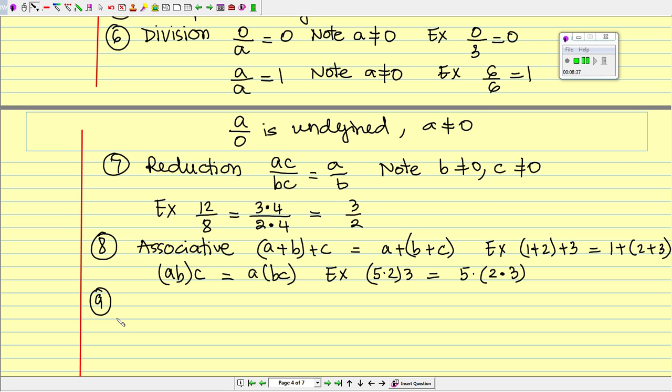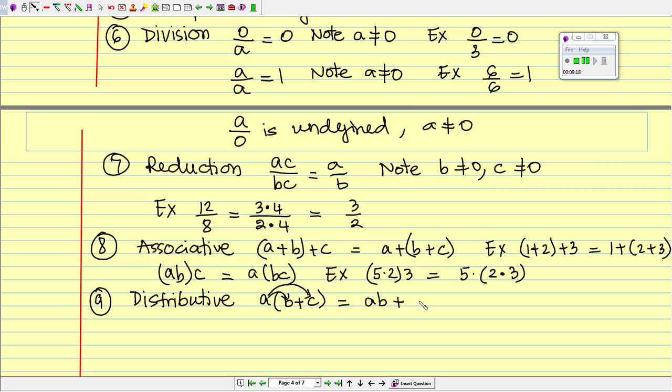Property number 9 is called distributive. If I have A times the sum of 2 terms, A times the sum of B and C, then what we are going to do is distribute the A to each one of the terms inside our binomial.